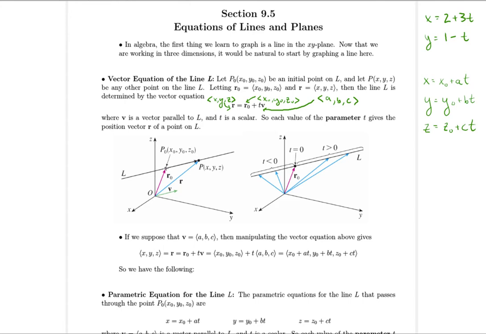If I translate this up here, here's v. The idea is we are taking r0 plus some multiple of v. If we multiply v by something, it either gets longer, or shorter, or it goes back in the negative direction if t is negative. Either way, you are taking this vector plus this vector, which gives you another vector that goes from the origin to here, and that's your r.